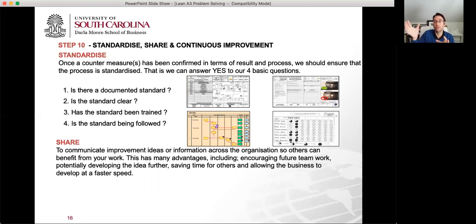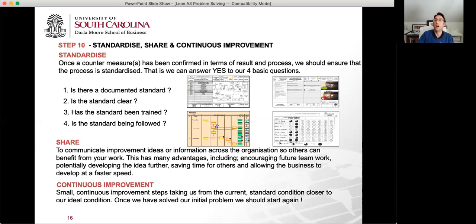Shared communication, when we talked about Lean Six Sigma, our control plan was talking about that, and standardize was talking about that. Sharing is important, so communicate information to other people in an organization, people that have different or similar problems, maybe have the same machine in different places, or the same work is being done in similar places.